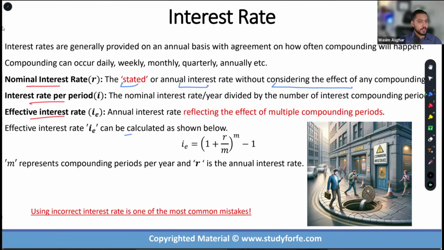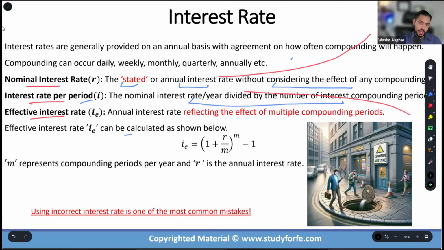Now, interest rate per period is basically your nominal interest rate divided by the number of interest compounding periods. The way that this starts going in different directions, so this goes in this direction now, and this goes in a different direction, is that I have compounding happening once per year.